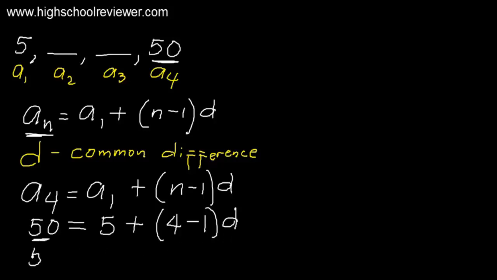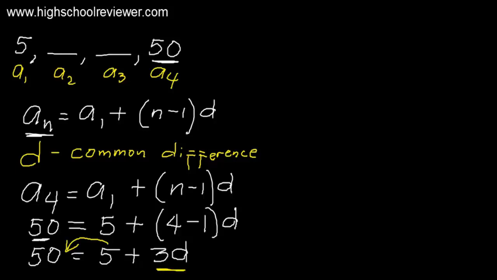So continuing, we have 50 equals 5 plus 4 minus 1, which is 3. So this will be 3 multiplied by d. To solve for d, we need to transpose positive 5 to the other side, so that what will be left on this side will be 3d.